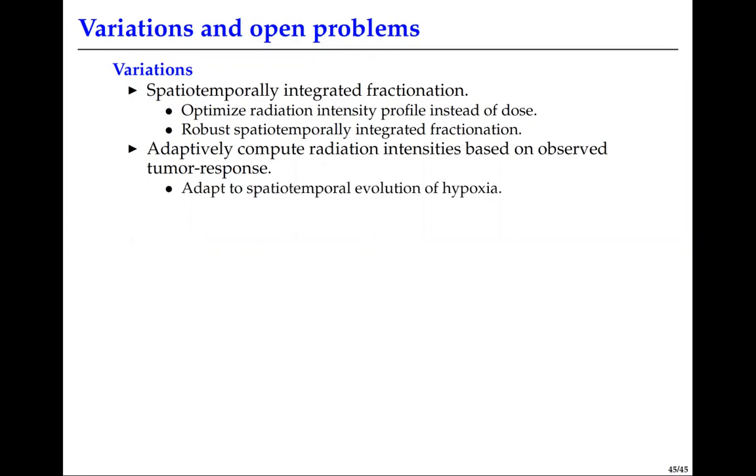And in particular, there is literature about adapting these radiation intensities to the spatio-temporal evolution of hypoxia. Hypoxia here means a lack of oxygen inside the tumor. And in fact, lack of oxygen inside the tumor reduces radiosensitivity. So it is harder to kill that tumor or that part of the tumor. So there is literature about adapting radiation intensities to how the hypoxia is changing inside the tumor spatio-temporally.